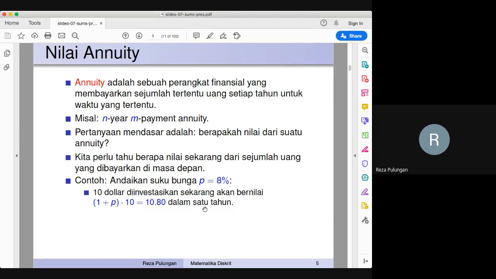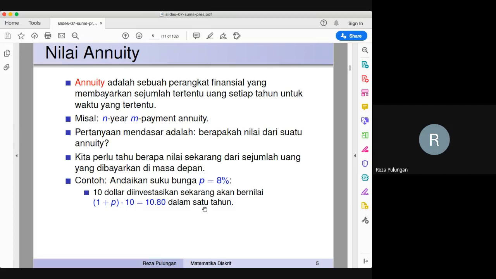For example, assume that the interest rate is P, which is around 8%. 8% is, of course, a large interest. The interest right now is around 4%.